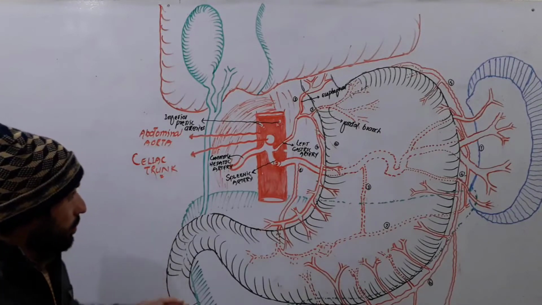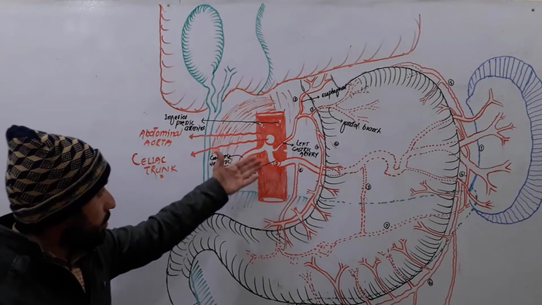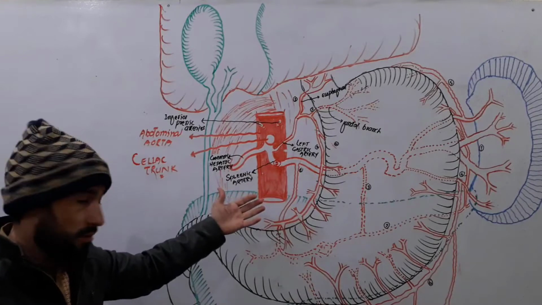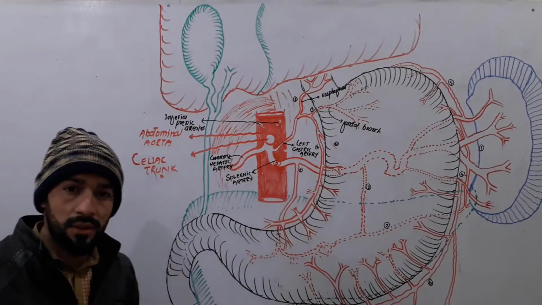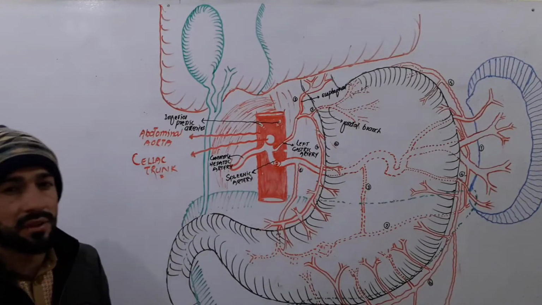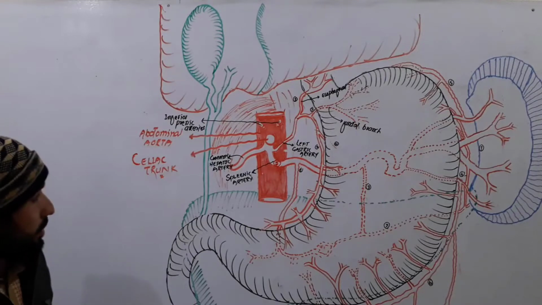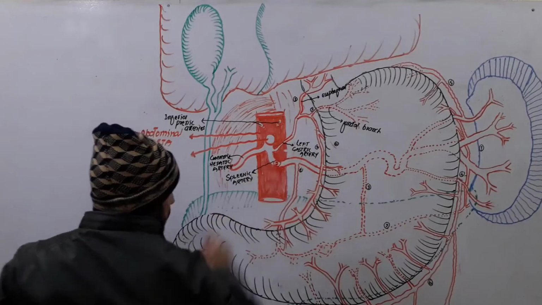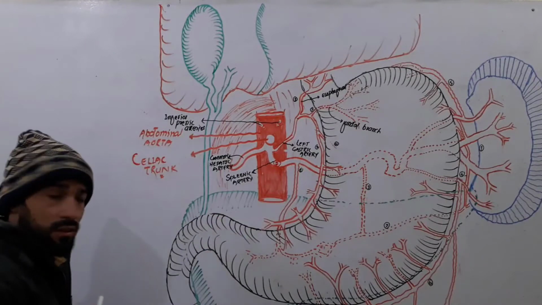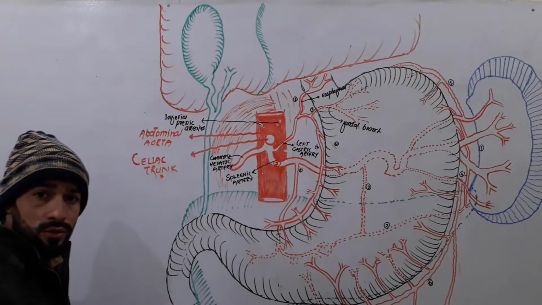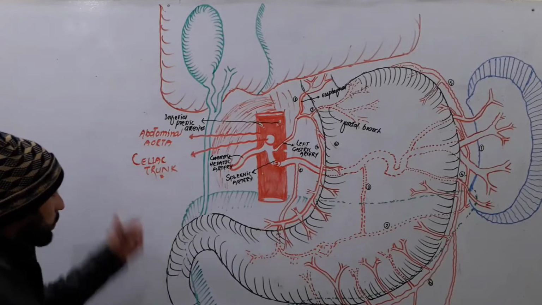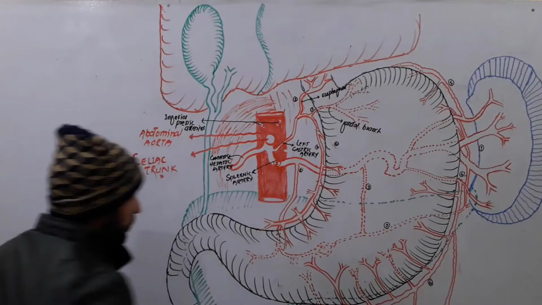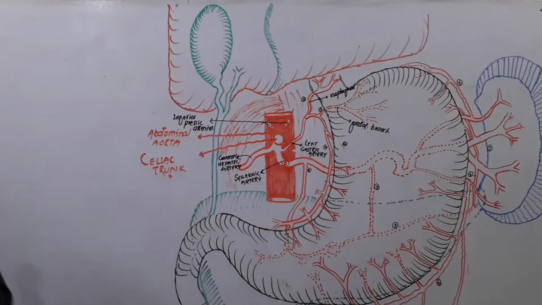So I am discussing those big branches which arise from the anterior aspect of the abdominal aorta, and they are responsible for supplying blood to different viscera present in the abdominal cavity. You can go and watch the lecture on the branches of the left gastric artery, and about the celiac trunk also. So let us focus on our lecture regarding the splenic artery.